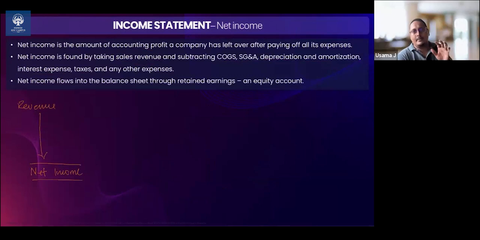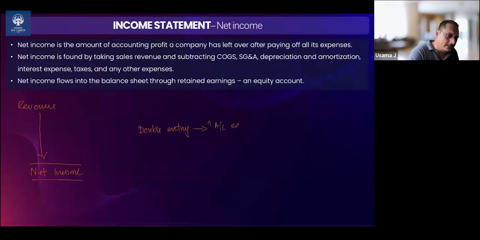What is the fundamental basis for our accounting? Double entry. Right. We saw the nitty-gritties in our last session. Very specifically, the accounting equation. What was our accounting equation? Assets equals liabilities plus capital.